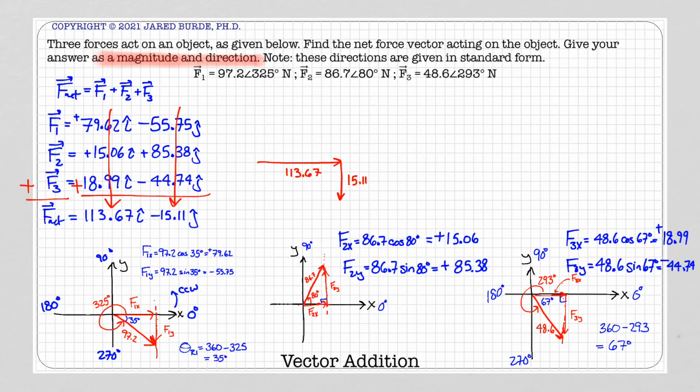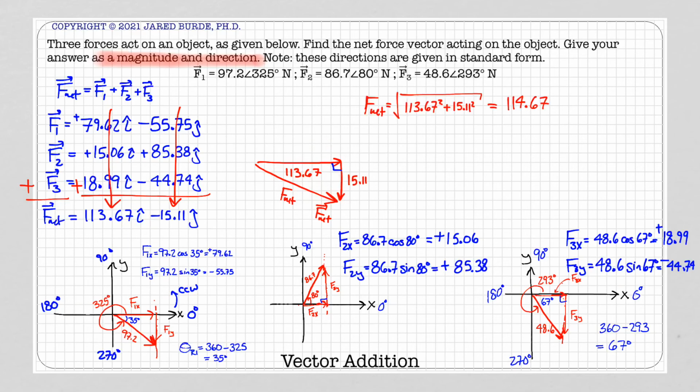I've exaggerated the size a little bit, again, just to make it a little bit easier for us to do the drawing. If this vector has an x component and a y component, then the overall vector starts where the first one starts, it ends where the last one ends, and so our vector is going to look something like that. That is going to be our F net. And so our x and y components come at a right angle, they make a right triangle, so we can find the magnitude of this vector as the hypotenuse of a right triangle.